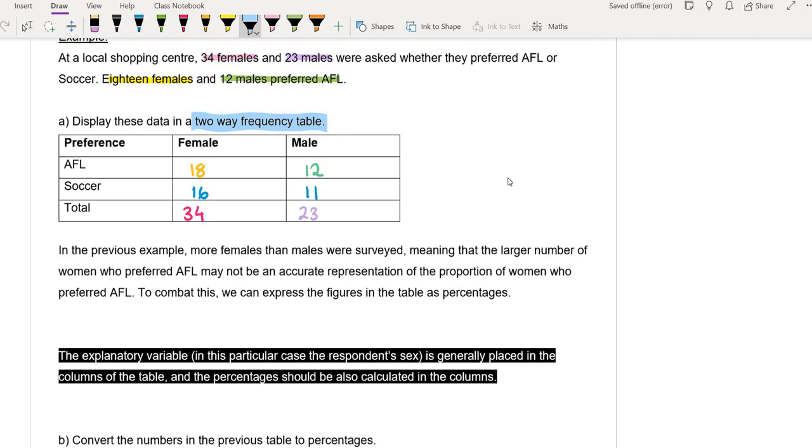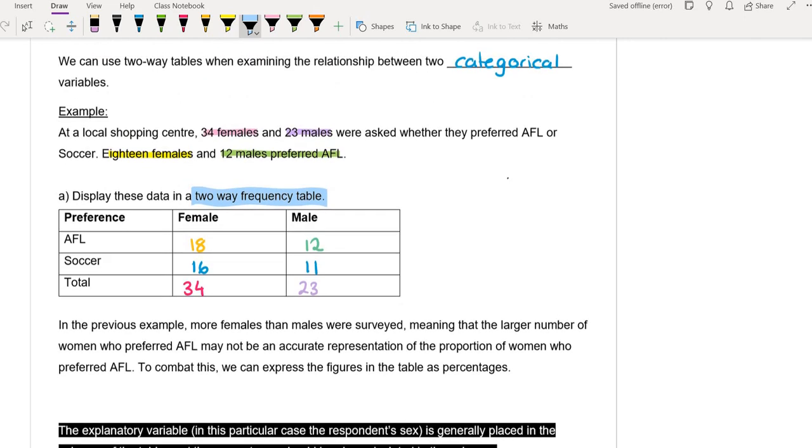In this example, someone is going to a shopping center and asking males and females if they prefer AFL or soccer. Based on your data, you can fill in this two-way table like I did here.